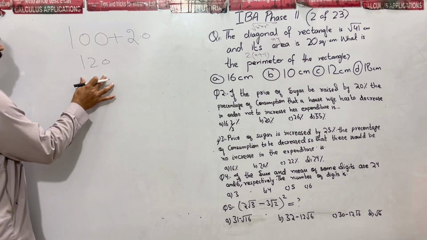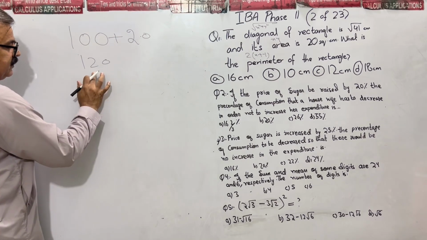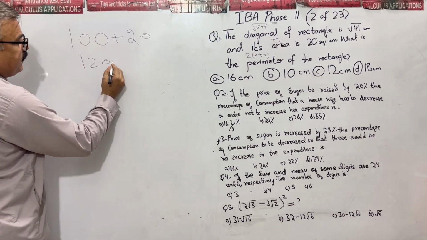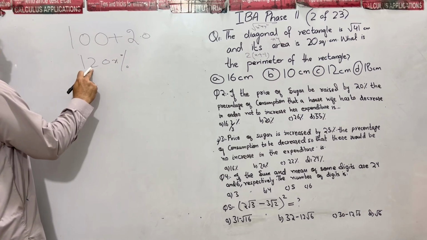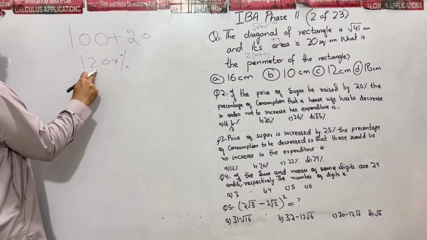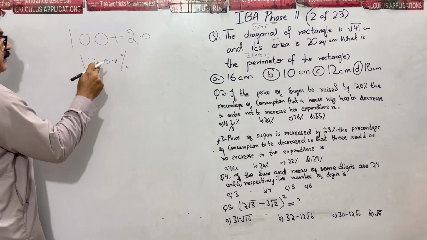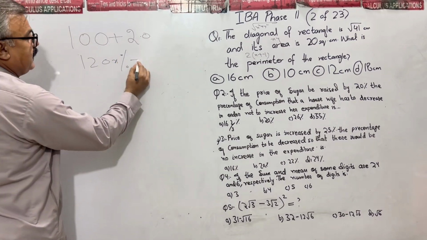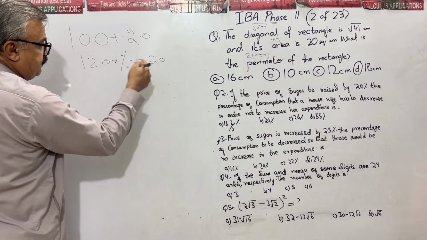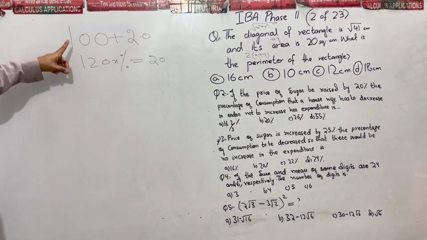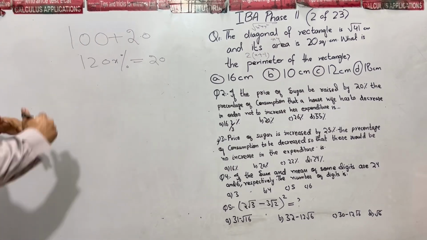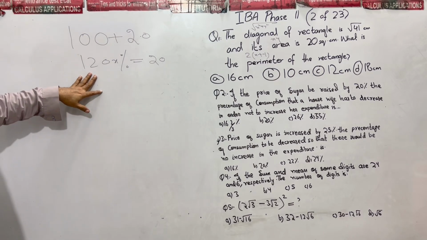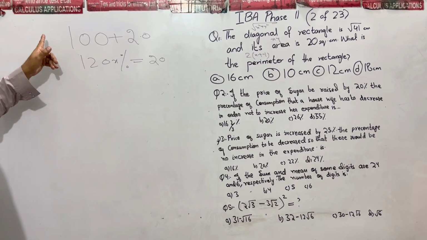Now we have to decrease 20 from 120. We have to sort out what percent of 120 is 20, that is to be reduced. After the hike in price, the price of sugar is 120% of the original one.